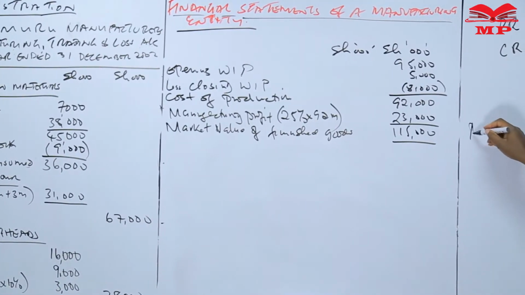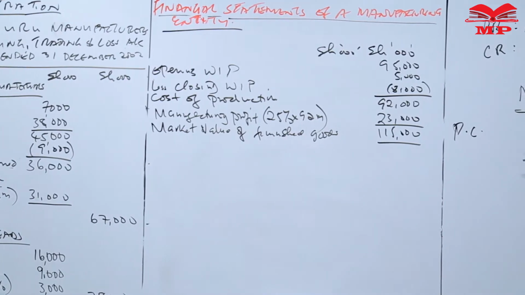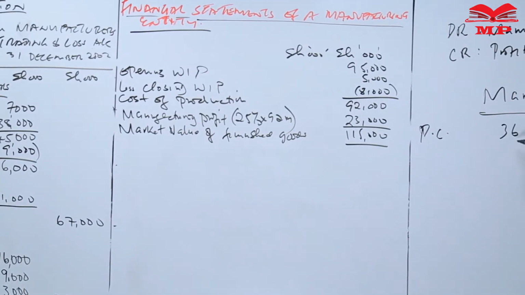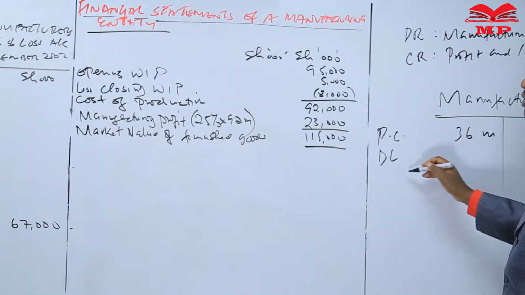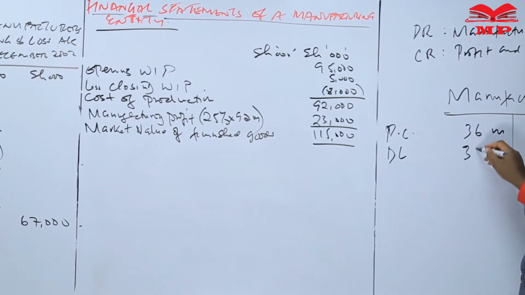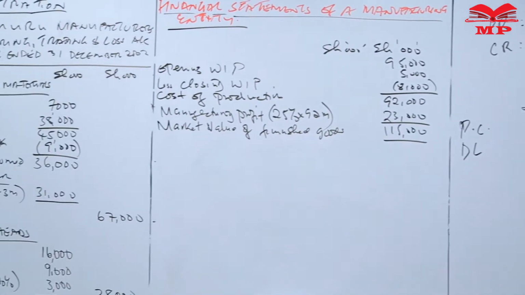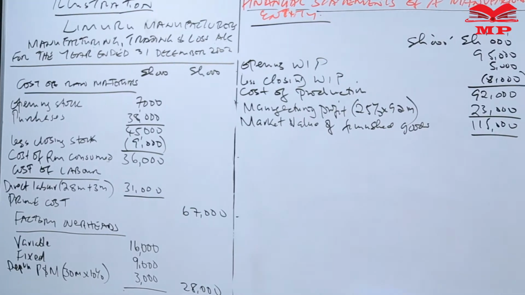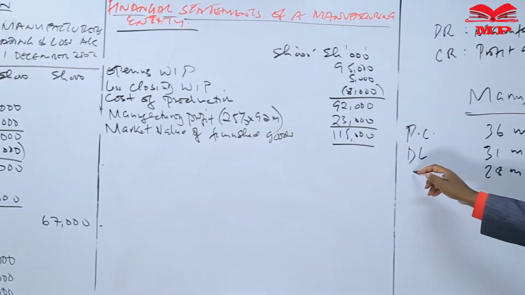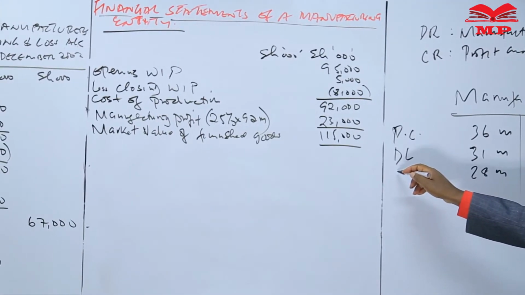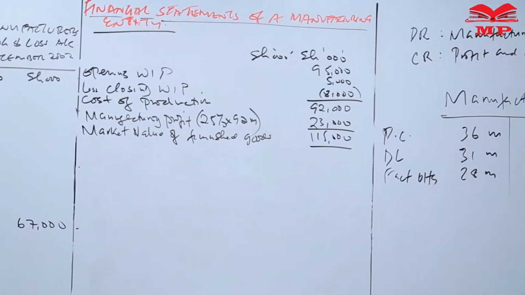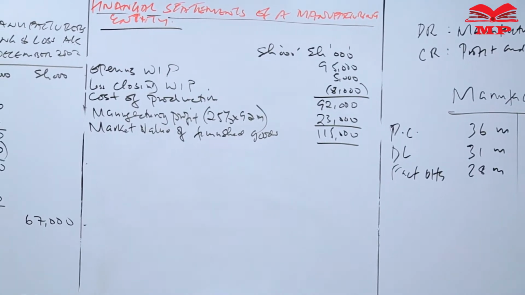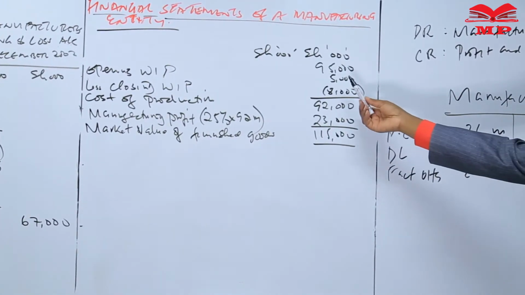We have the prime cost of 36 million. There is the direct labor of 31 million. We have the factory overheads of 28 million, which gave a total of 95.